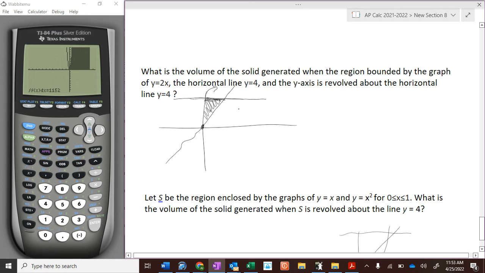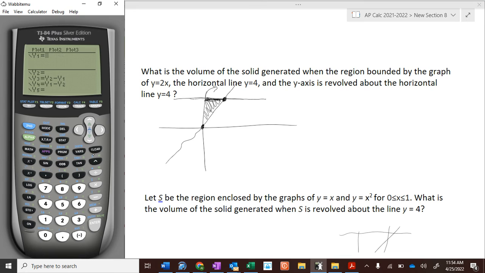Because we're revolving around a horizontal line, where's this point? Right here. Do we need to graph it to figure it out? I better graph this. The line y equals 4 and y equals 2x.